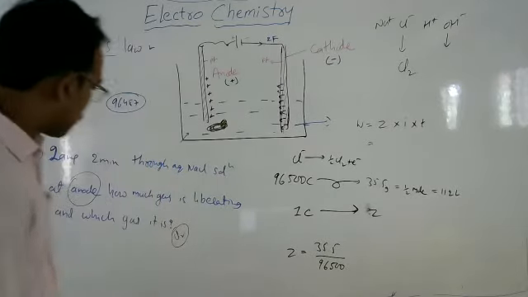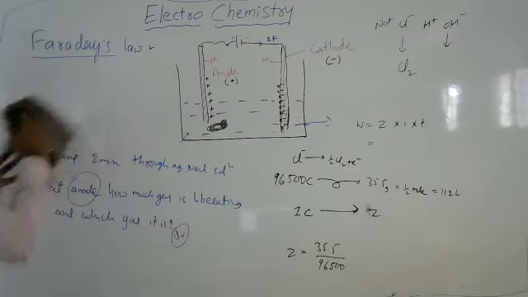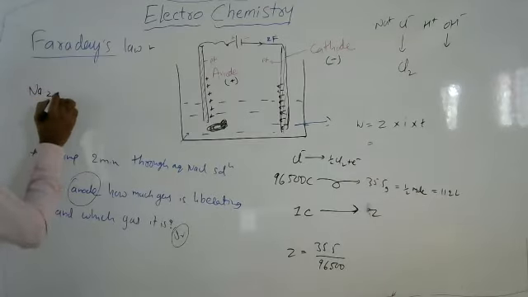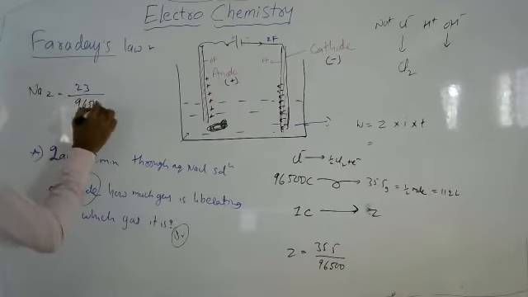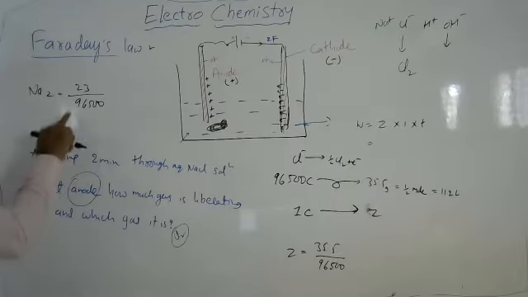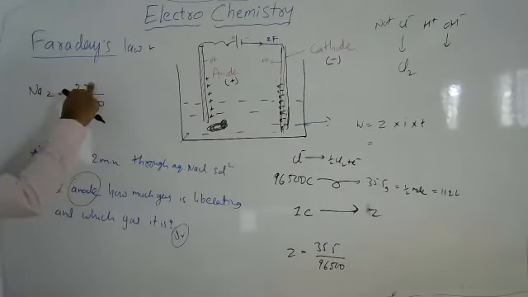Okay, I will give you some other examples also. Suppose sodium is there. For sodium, the Z value is 23 grams upon 96,500 coulombs. If you use 96,500 coulombs, 23 grams will deposit.